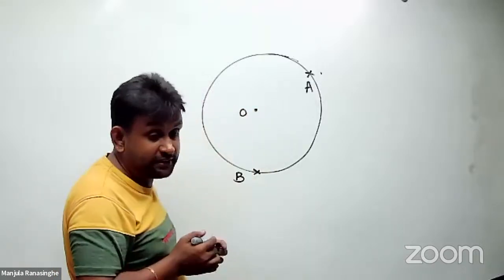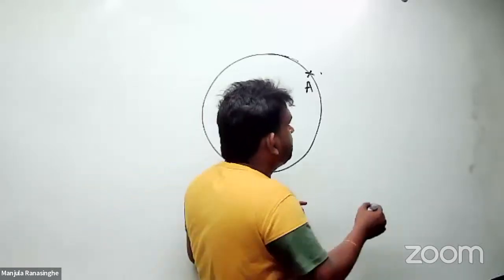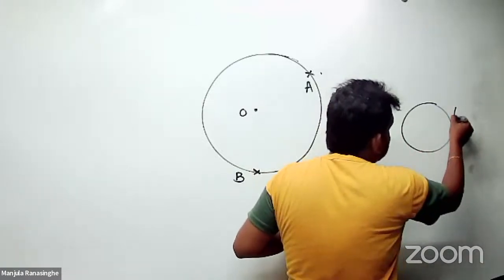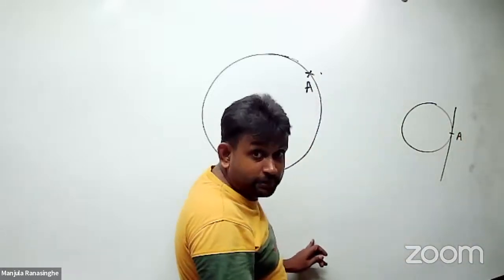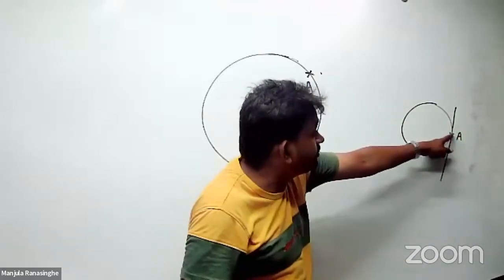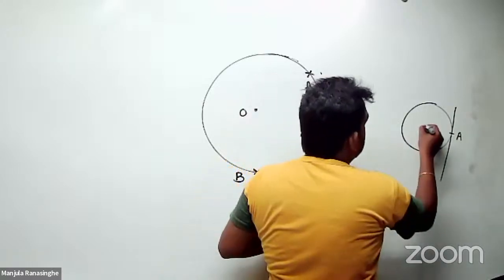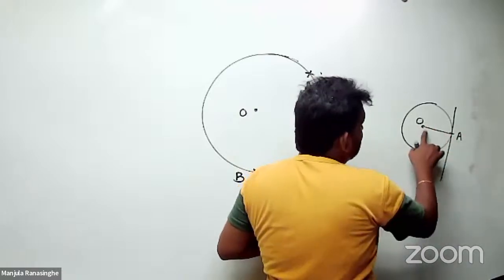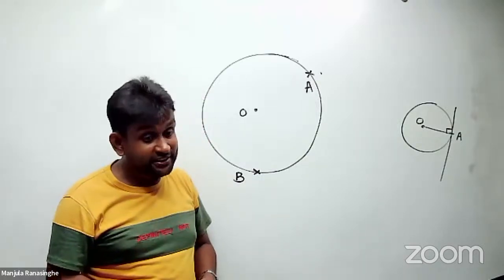This is the center. So what we need to know is this theorem: when a tangent is drawn at a certain point, imagine the point A, then the tangent is perpendicular to the radius at the tangent point. So when you connect the center with this tangent point, that is perpendicular, another 90 degrees.